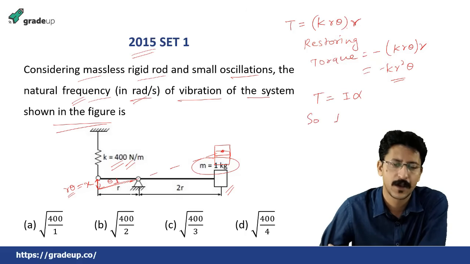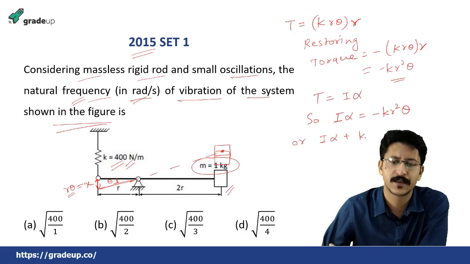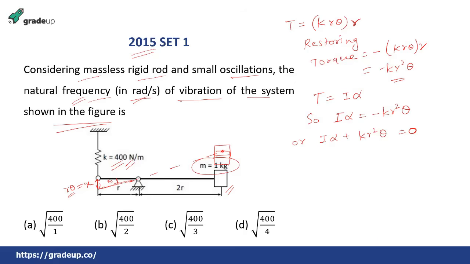So I alpha will be equal to minus k r square theta, or I alpha plus k r square theta will be equal to 0. So alpha plus k r square by I theta will be equal to 0, or theta double dot plus k r square by I theta equal to 0.